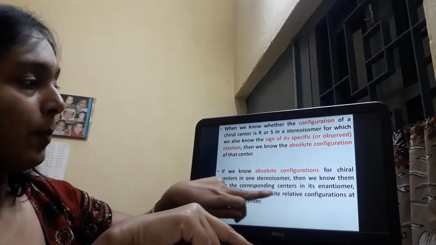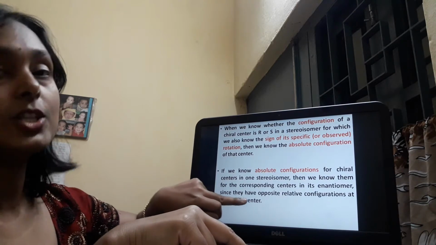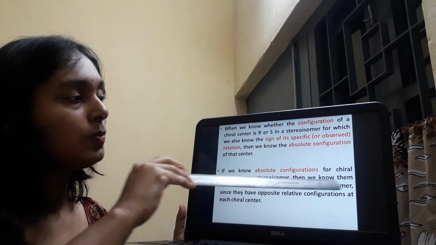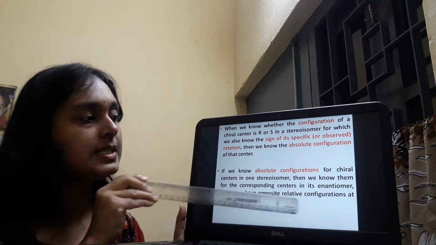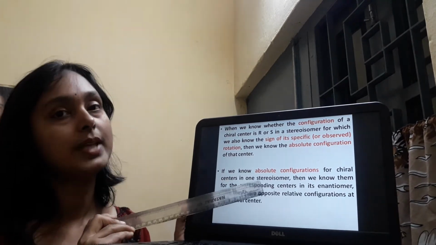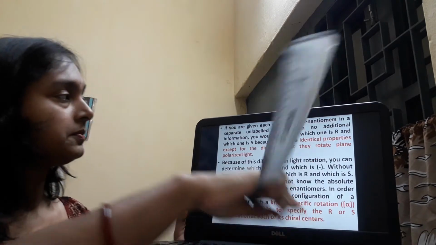And since they have opposite relative configuration at each chiral center of the two enantiomers.